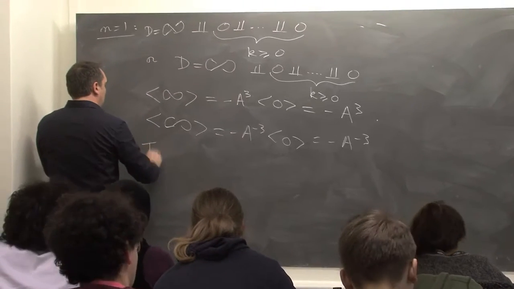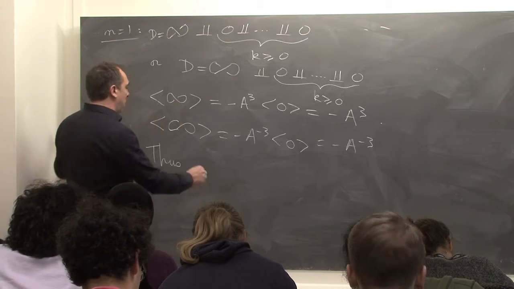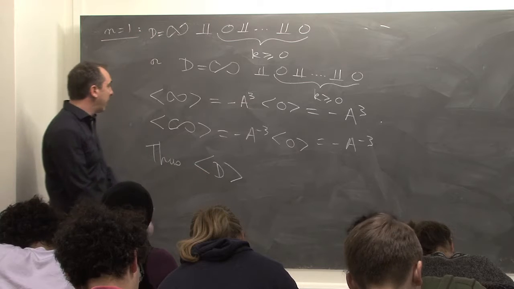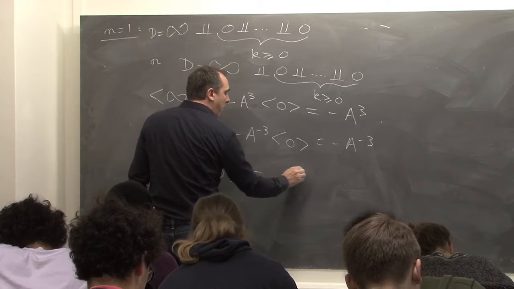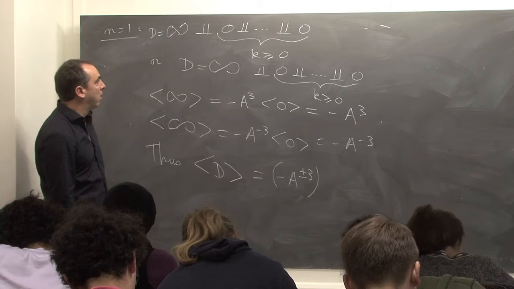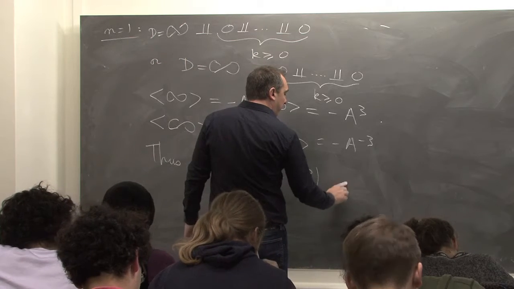And thus, what do we obtain? That the bracket polynomial is minus A plus or minus 3 times what?